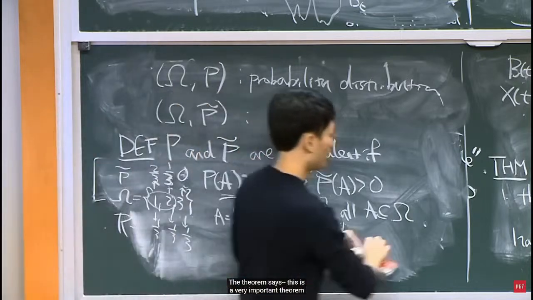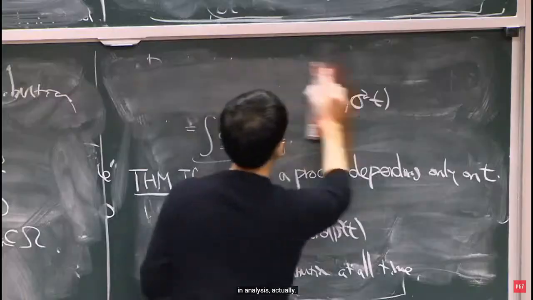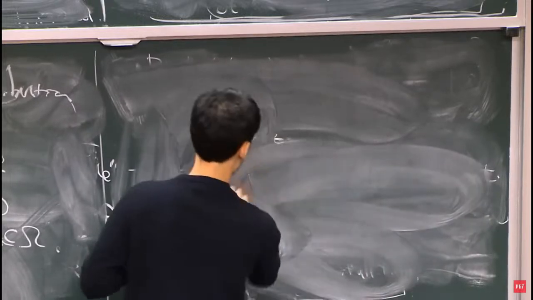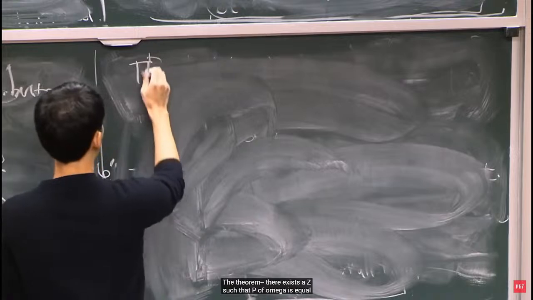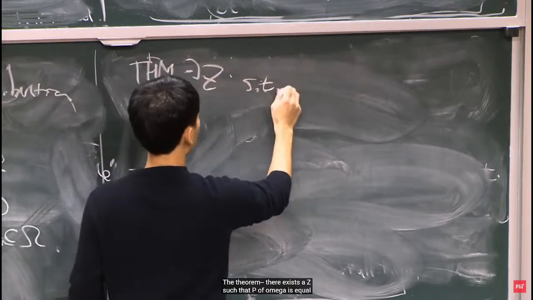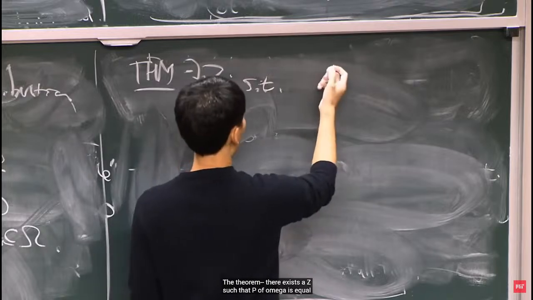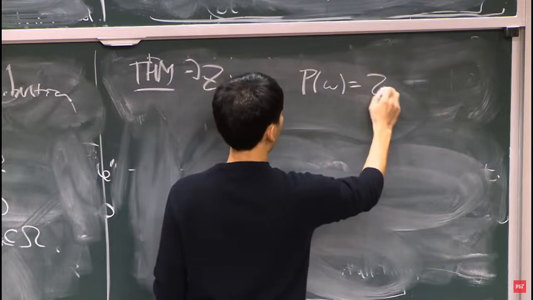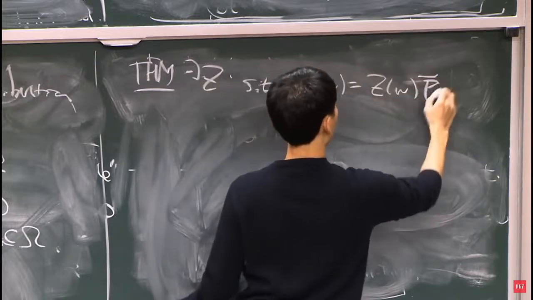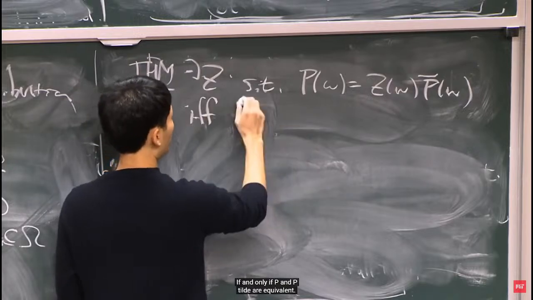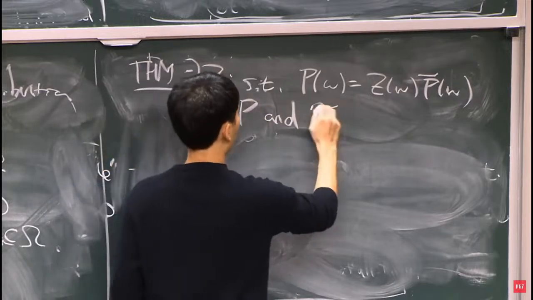So the theorem says, and this is a very important theorem in analysis actually: there exists a Z such that P tilde of omega is equal to Z times P of omega if and only if P and P tilde are equivalent.